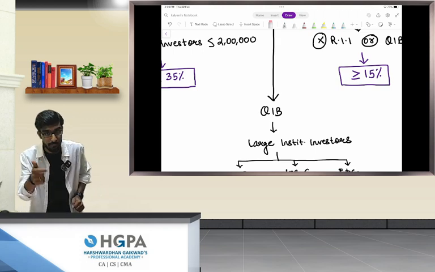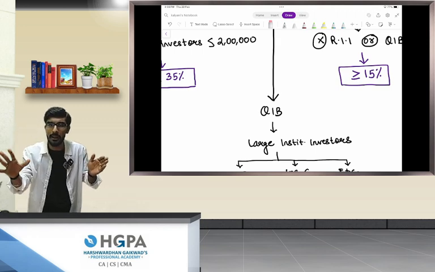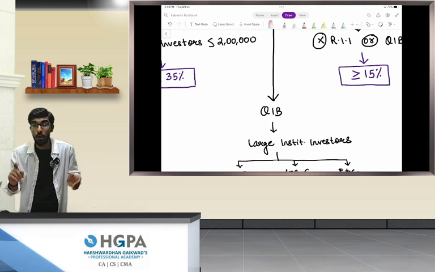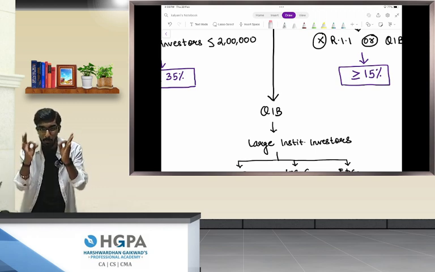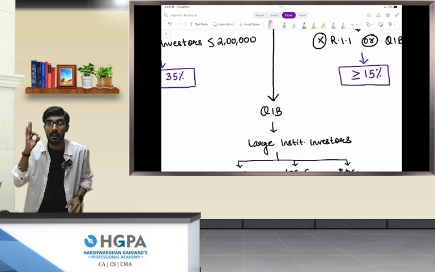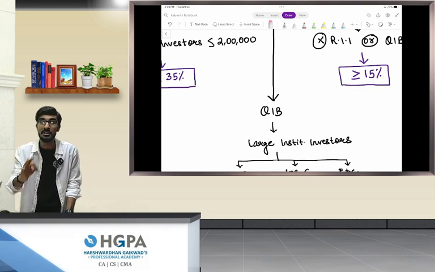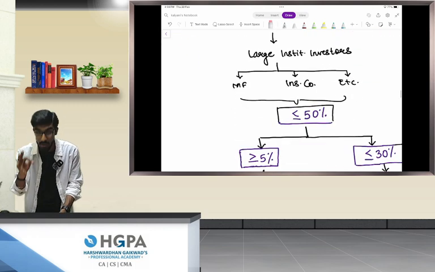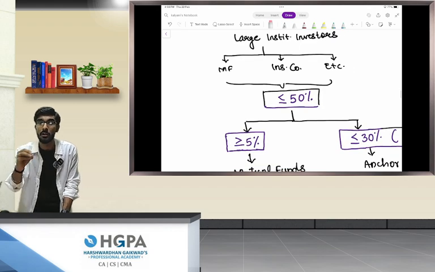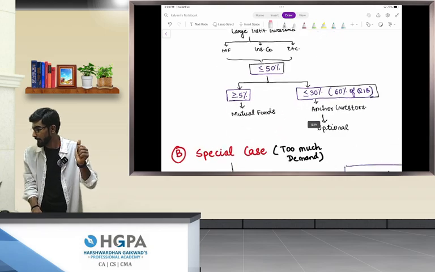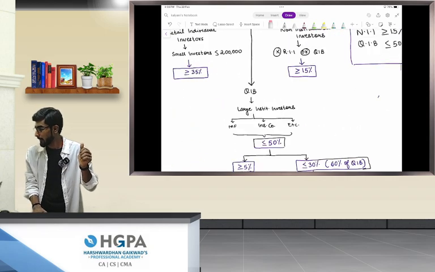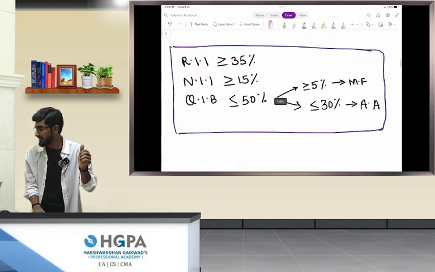That is mandatory. The remaining you allot to anybody else, provided they are also QIB. But you can also give to anchor investors, though anchor investors cannot be given more than 30%, which means not more than 60% of QIB. Clear? Perfect. This is the mind map.